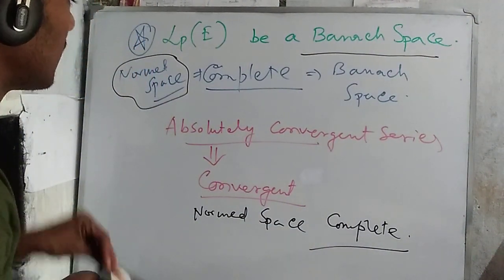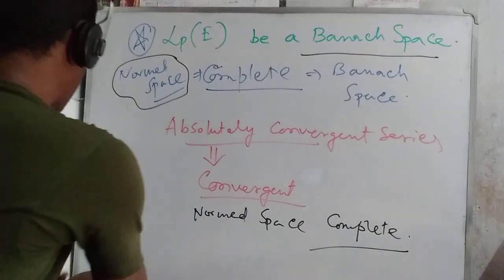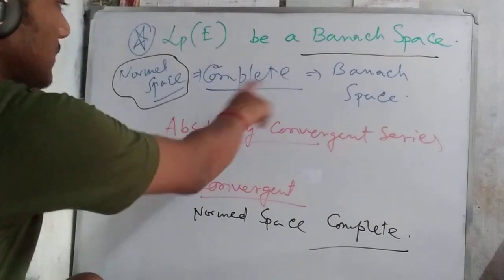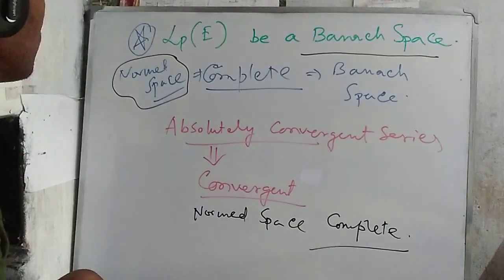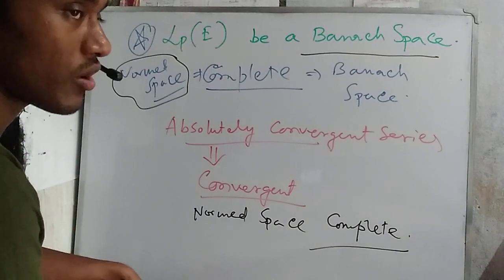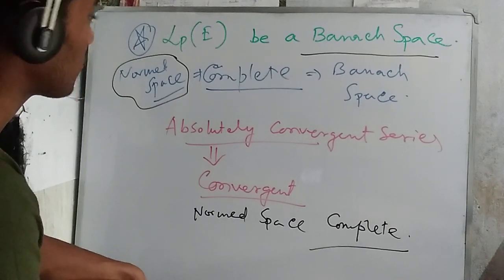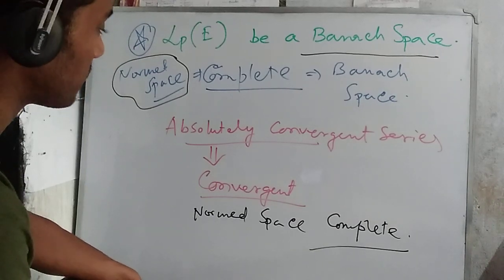So we start from the early part. We also discussed these corollaries and theorems in the previous class. We know about normed spaces, and a complete normed space means a Banach space.